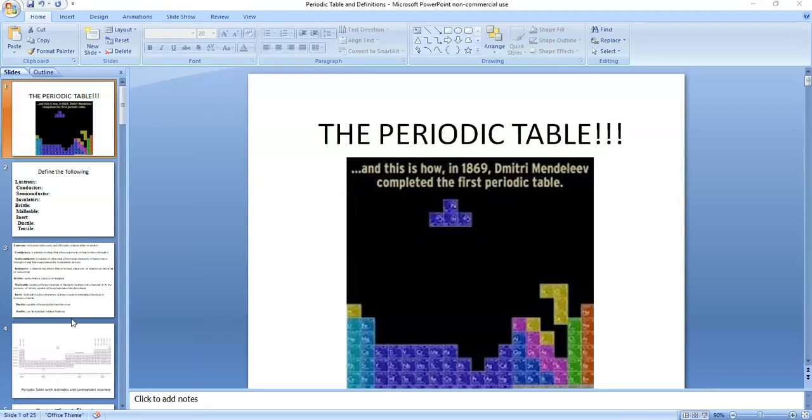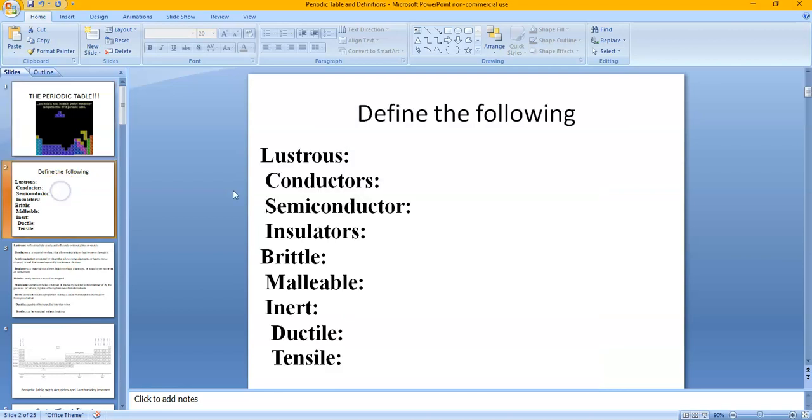Alright, so the first thing that you need to know are some definitions. Lustrous means shiny. Conductors mean they allow electricity and heat to flow through them easily. Semiconductors allow partial transmittance or partial transfer of heat and electricity, whereas insulators actually block electricity and heat from being transferred.